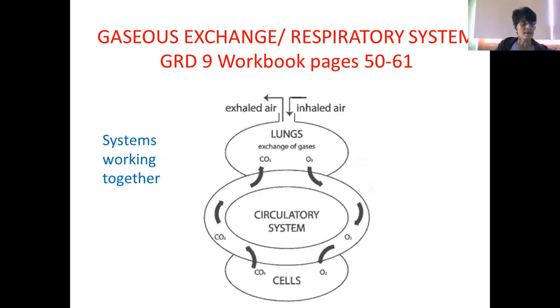So we know that if you ate a whole packet of chips for lunch today, that you've eaten starch, and that starch will get broken down into glucose, and the glucose will move from your small intestine. It will diffuse from the region of high concentration in the small intestine and into the blood vessels, a region of low glucose concentration. So not only will oxygen be taken to every single cell, but glucose as well.